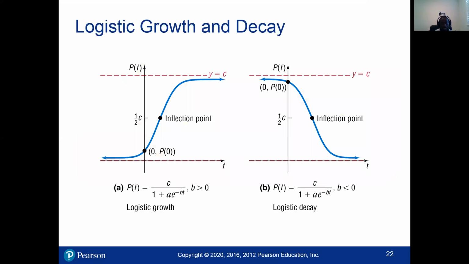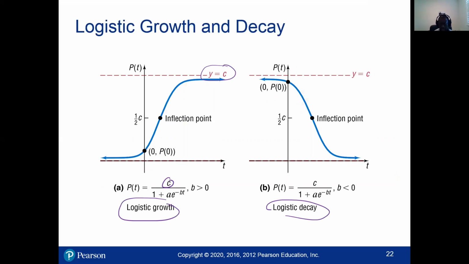Now the graph is bounded above and below. It doesn't exceed a certain value of y, which is C, the numerator. There is logistic decay and logistic growth.